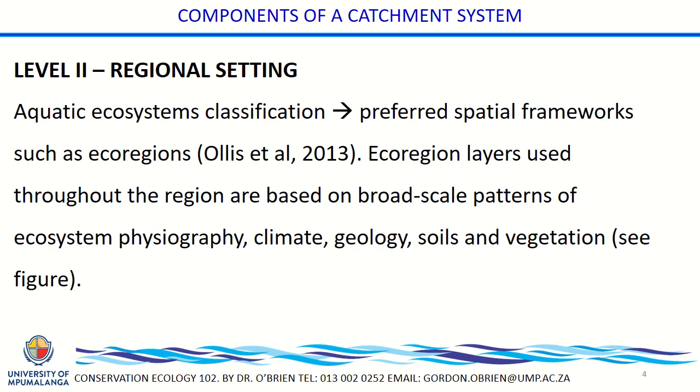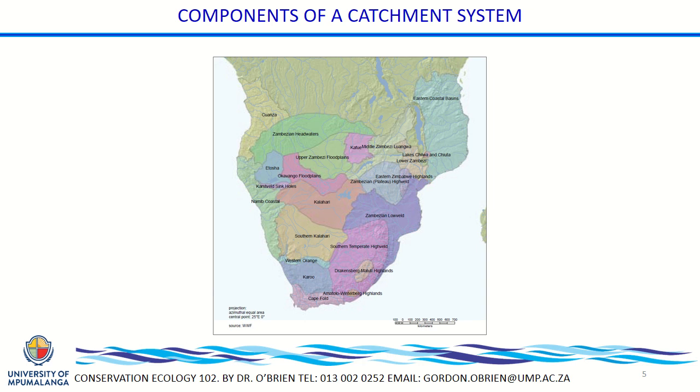Other layers are available from Southern Africa or the whole of Africa. When they consider these broad ecoregion scale classification categories, they generally consider the physiography, ecosystem dynamics, climate, geology, soils, and vegetation. And this is an example of one of these ecoregion classification systems that are used.